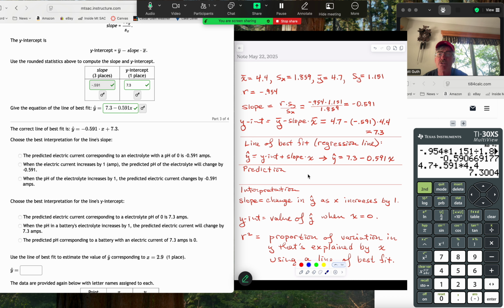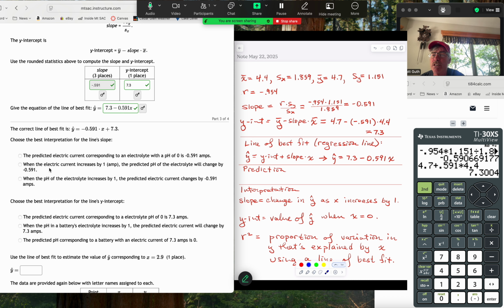Okay, so it'll change by negative 0.591. So let's see if we can get this straight here. When the electric current increases by 1, that's wrong. It's when the pH increases by 1, predicted electric current changes by negative 0.591 amps. That's basically what I said. So I'm happy about that.